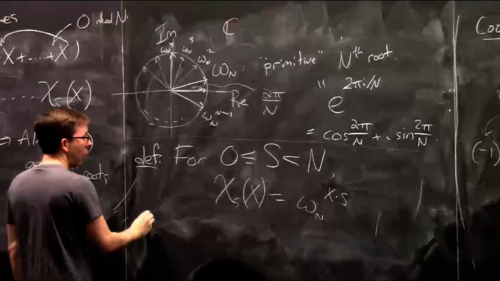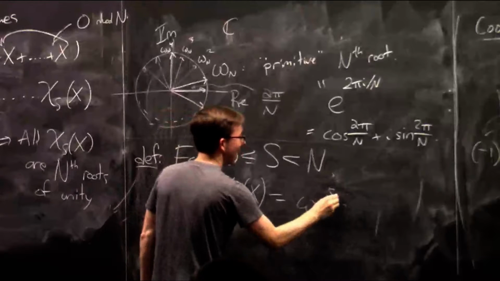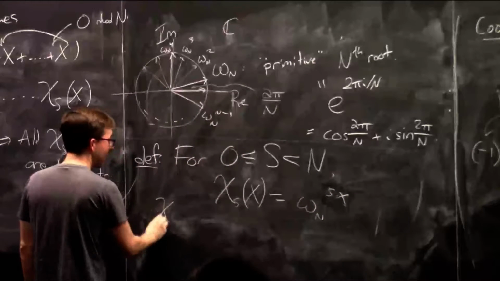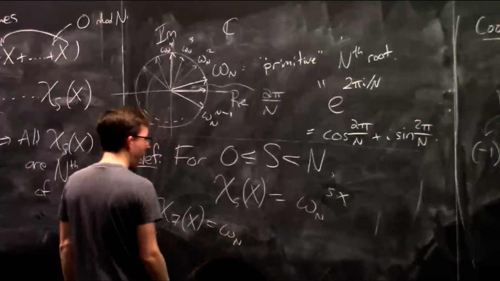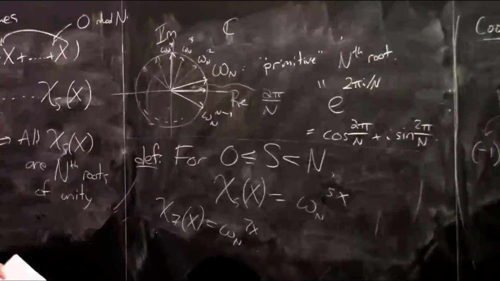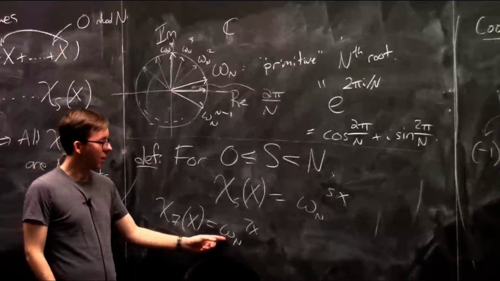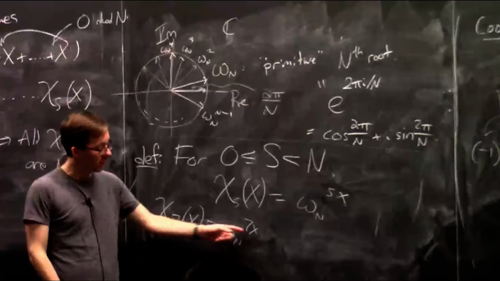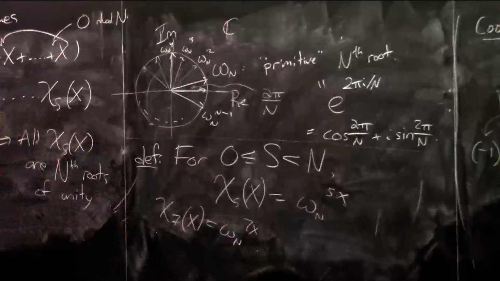In particular, chi 7 of x is omega n to the 7x. So chi 7 of 1 is omega to the 7, chi 7 of 2 is omega to the 14, chi 7 of 3 is omega to the 21, and so forth.